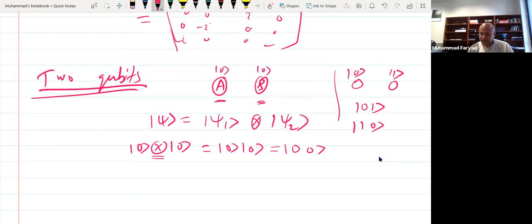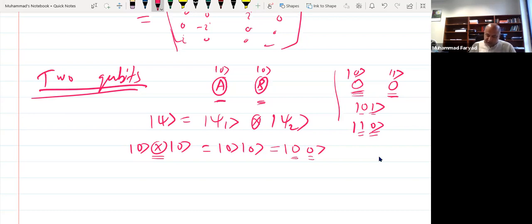Some write the last qubit on the left and the first on the right, and some write the first on the left and the last on the right. So there are these different conventions. What I'm going to do in this course is, if there are qubits first, second, third, and so on, my first qubit would be here first, and then the next qubit, and so on.